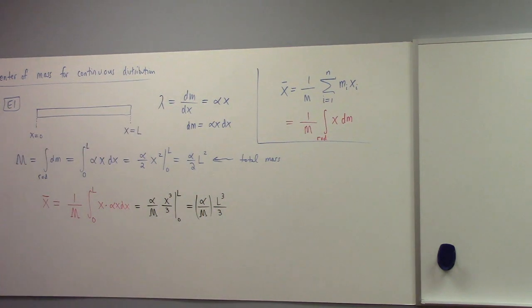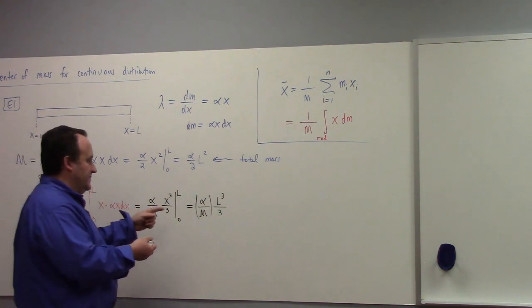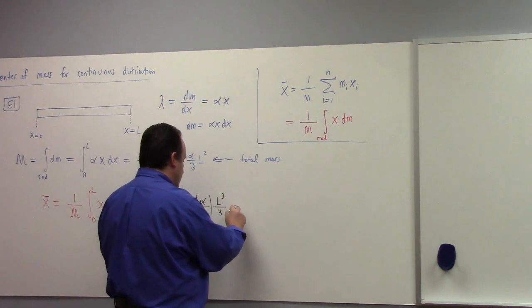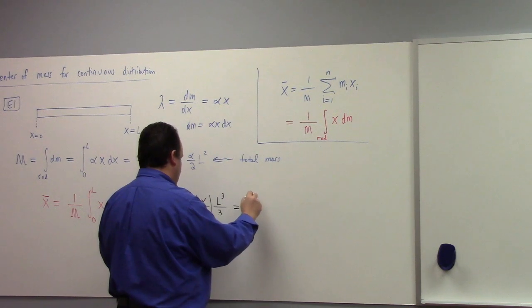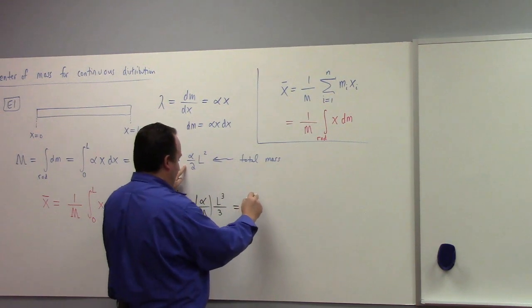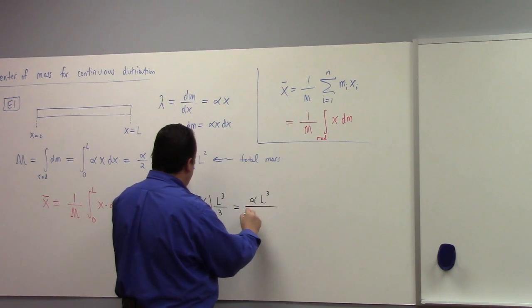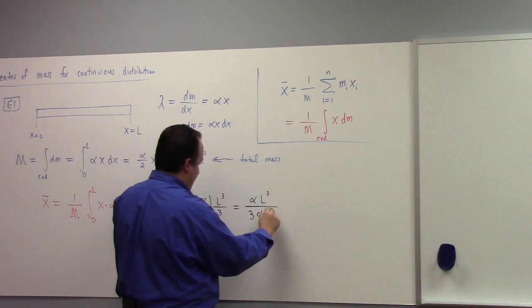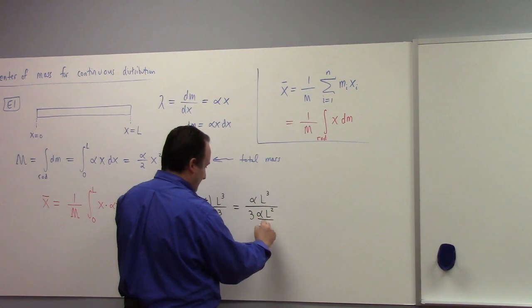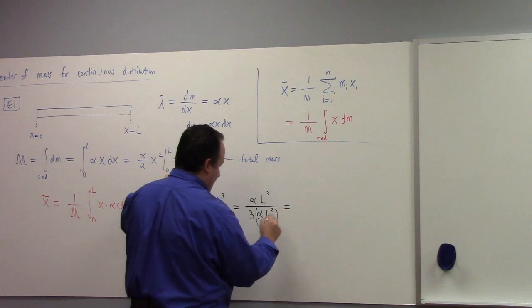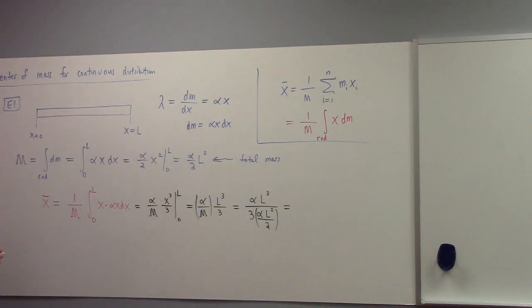Now, that's a dumb way to leave the answer. We don't want to leave the answer like that. Where is the center of mass? We'd like to state it in terms of L. So what is M? Let me write it out here. We've got alpha L cubed over 3 times 1 over M, which is 3 over alpha L squared over 2. How does this simplify? The alpha doesn't matter at all.